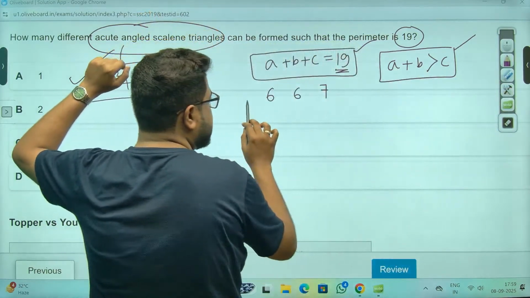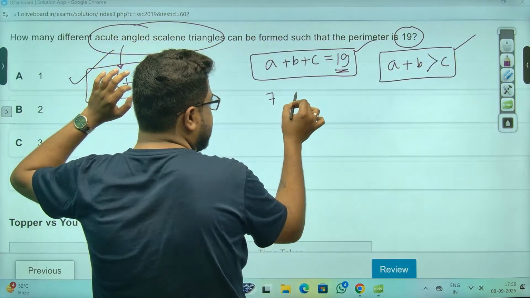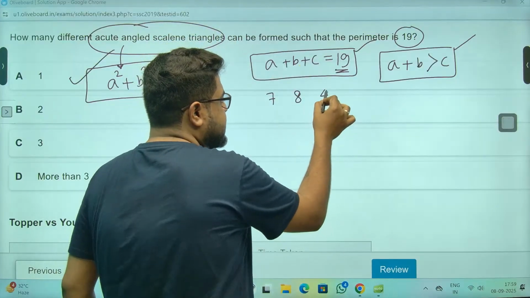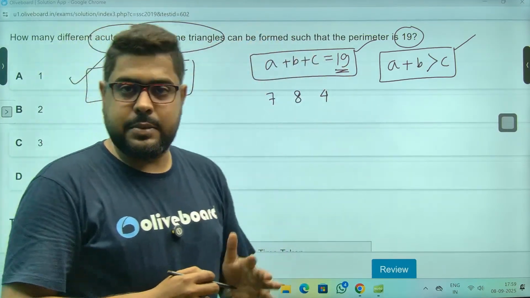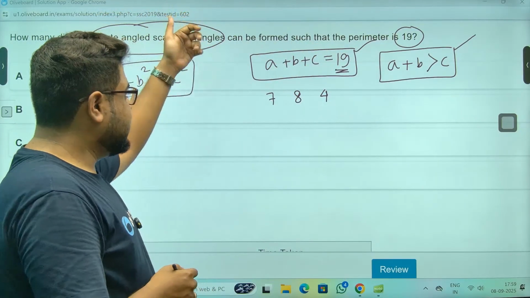So I would take 7, 8. 15 gone, so the other will be 4. This is the first one. I'll start checking. This will be a little lengthy because I have to check. There is no magic method to give you anything.